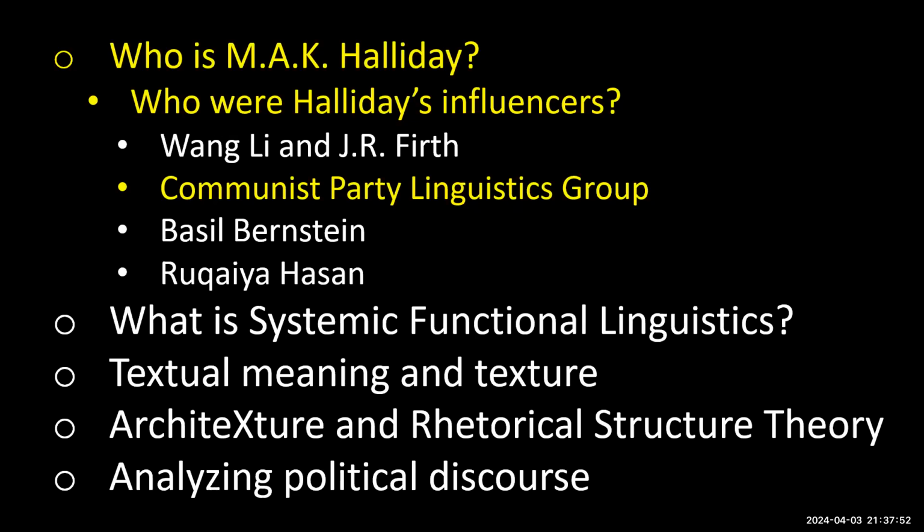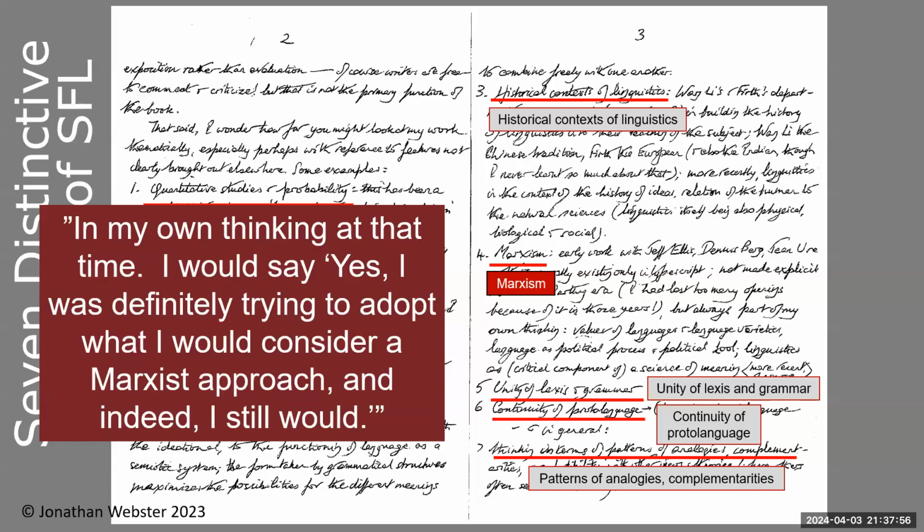Halliday's background with a Communist Party linguistics group. He always was influenced by that. It's one of the things that drove the feeling that he had that language should have an application.